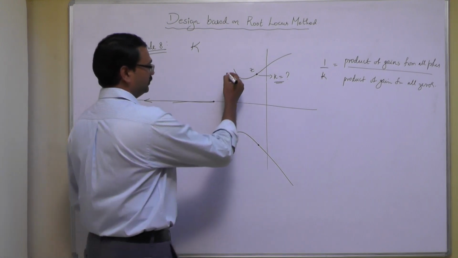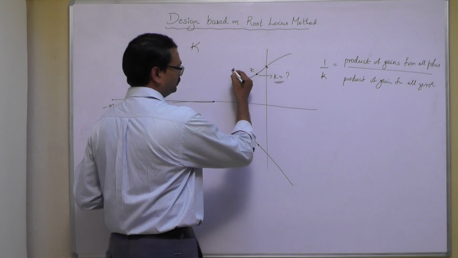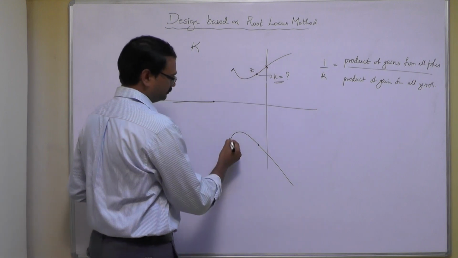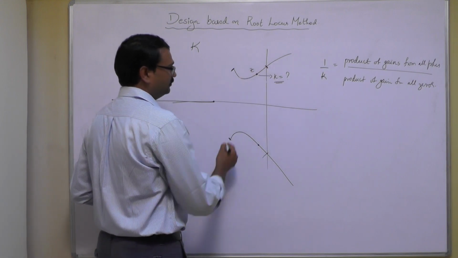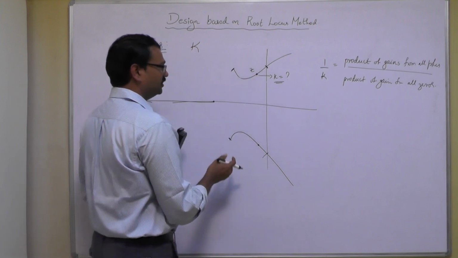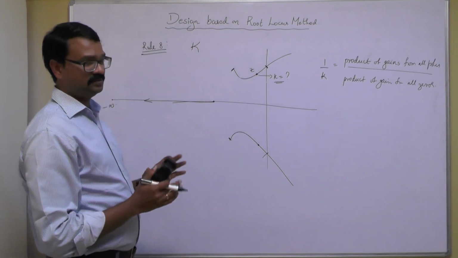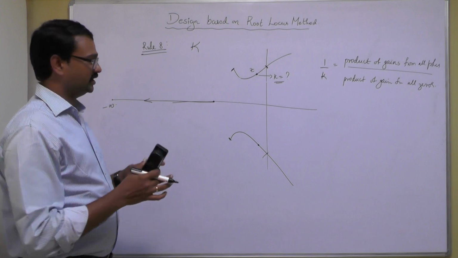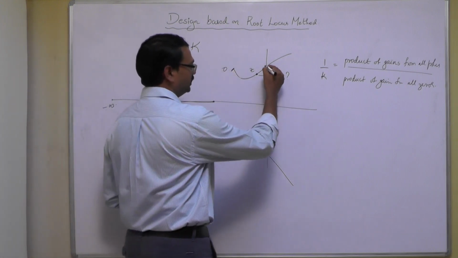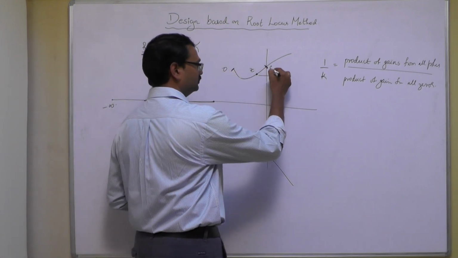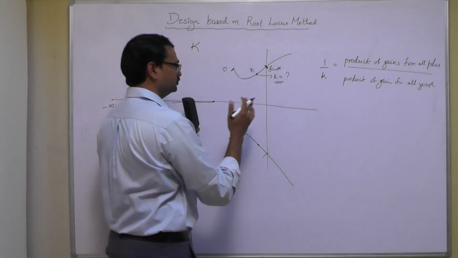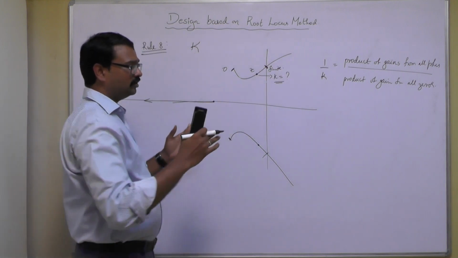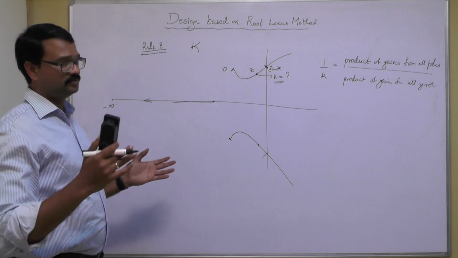Because if the values of Z change from here to here, there is some range of K. K is 0 here, and at this value K is some finite value. So in this way, we don't want the value of gain K from 0 to infinity.